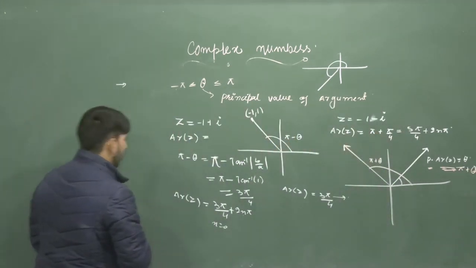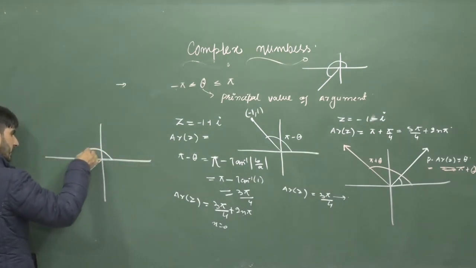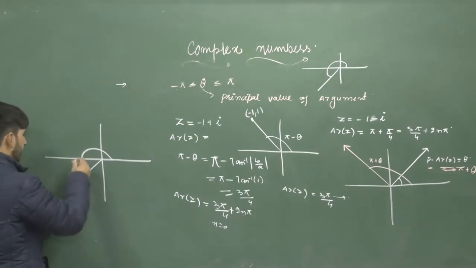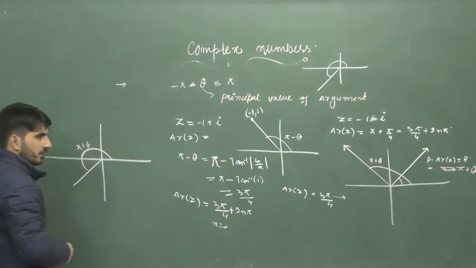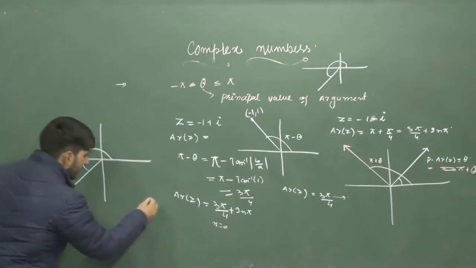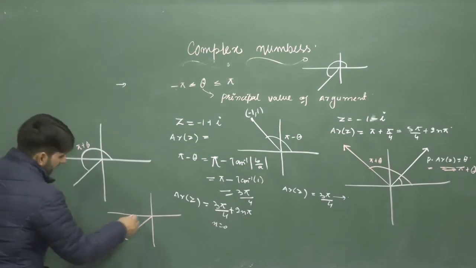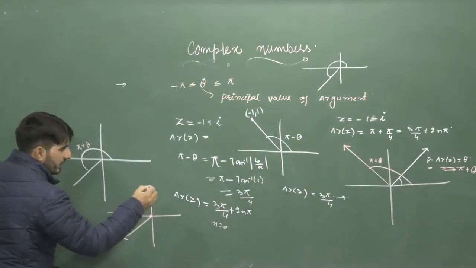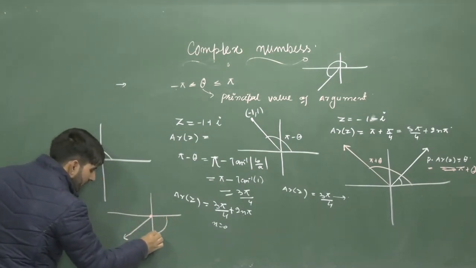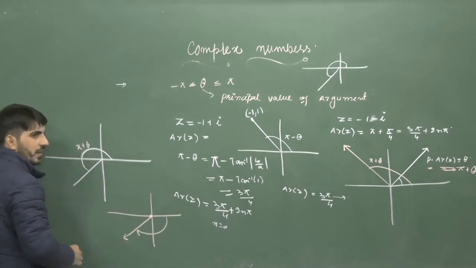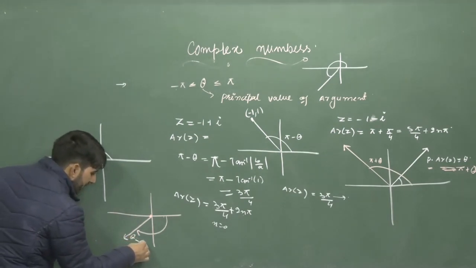Now, if the complex number lies in the third quadrant, we know the argument is π + θ, and that does not lie between -π and π. So we define its principal argument as θ - π. We are taking the angle in the clockwise direction. So its principal argument is θ - π.